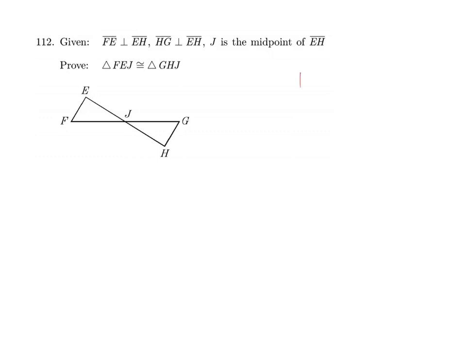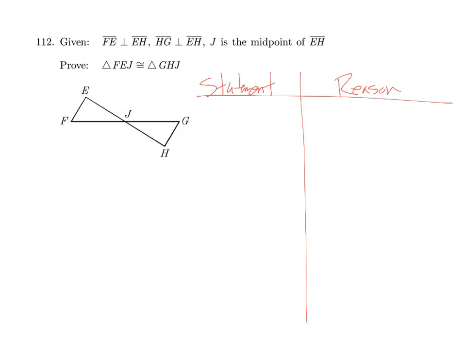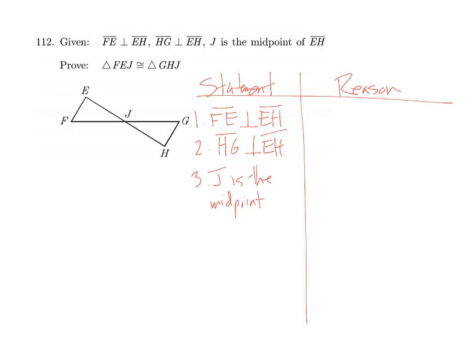Okay, I have to set up a two-column proof here. They give me FE is perpendicular to EH. They give me HG is perpendicular to EH. And J is the midpoint of EH.